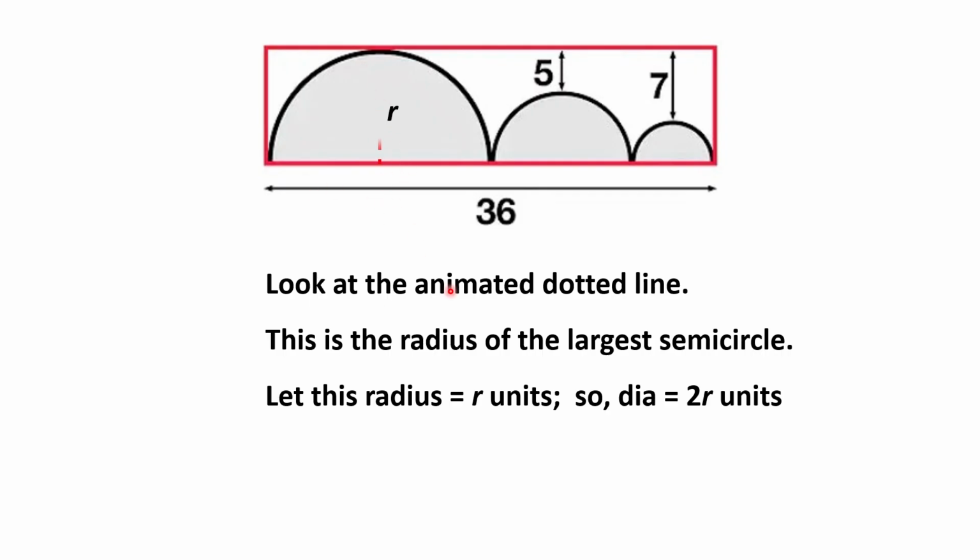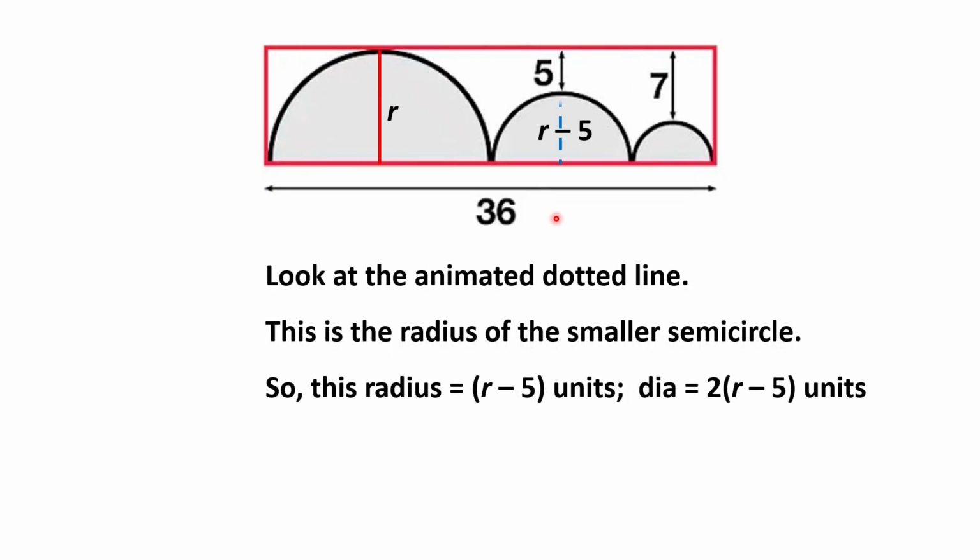Supposing this radius is r units, the diameter would be 2r units. So we get the radius as r and the diameter as 2r.